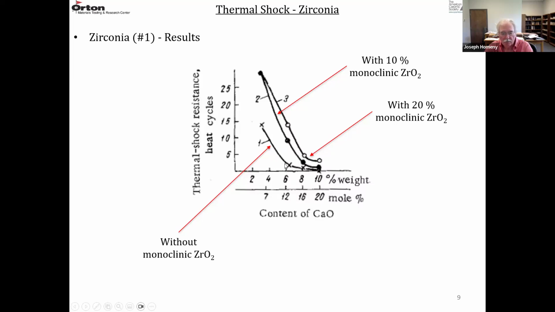Let's look at 6: there were probably 2 cycles without monoclinic zirconia, maybe 10 cycles with 10%, and higher than 15 cycles with 20%. So this just shows the higher the monoclinic zirconia content, the higher the number of thermal shock cycles it can withstand.